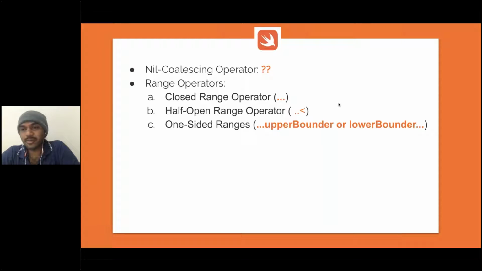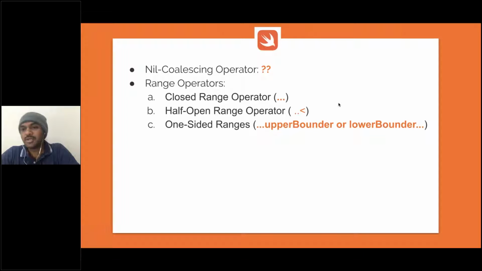What this operator will do is, whenever you have optional data, in place of using force unwrapping, before doing the force unwrapping, you can make sure that if the left side expression is optional, you can provide some default data to that particular variable. In order to provide the default data, you check whether this optional has a value, then provide that value. If it doesn't have a value, then provide a default value without force unwrapping.